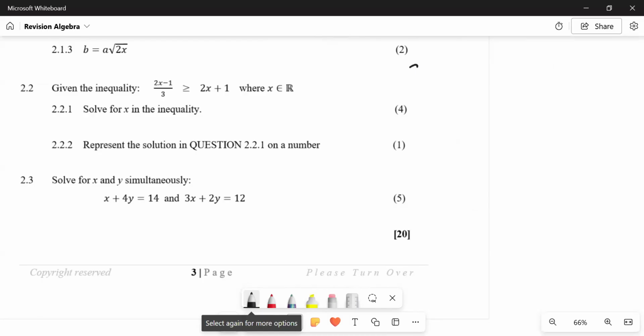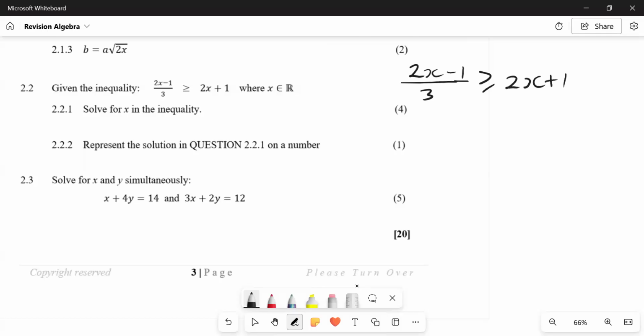So now you have your (2x minus 1) over 3 greater or equals to 2x plus 1. So when it comes to inequalities, guys, the only thing that you need to do, you have to treat this as an equal sign.